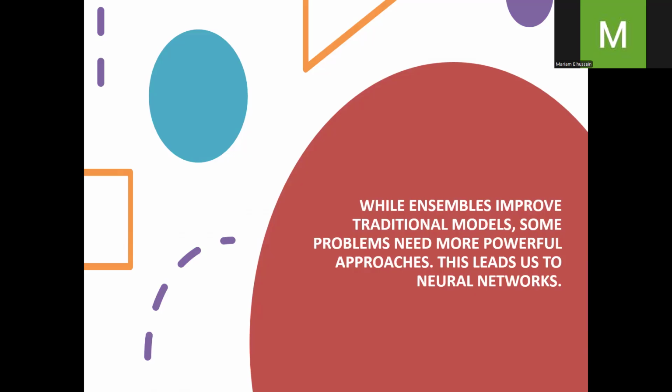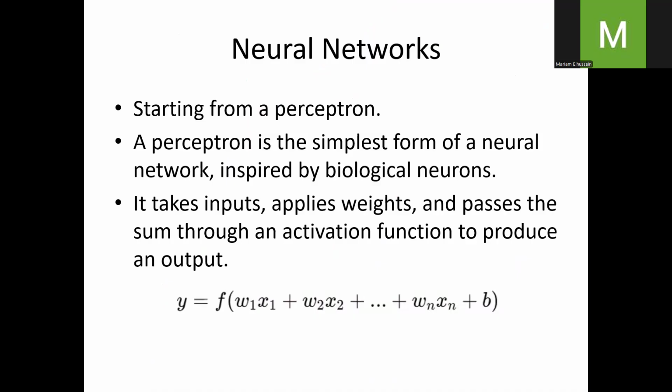And this leads us to neural networks. Neural networks were the basis of AI and were actually around before the introduction of all the simple models that we were discussing. Neural networks are here to try to simulate how the human brain works.